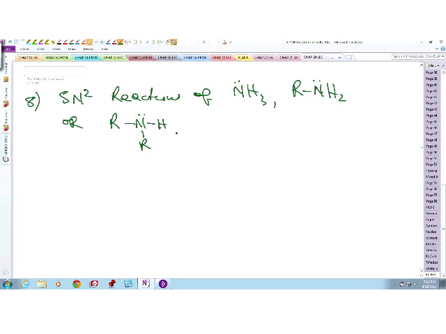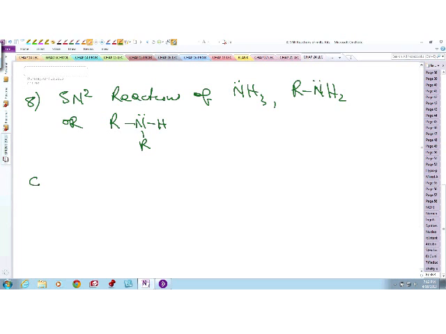Of course, for you to have an SN2 reaction, there must be what? What do you need for the SN2 reaction? So some alkylating agent, right? In which the leaving group is attached to a primary carbon or secondary carbon.